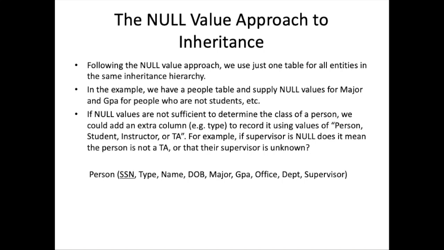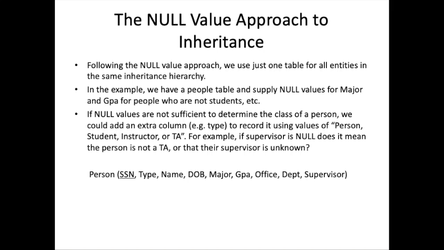Another possible way to implement inheritance is by using a null value approach. In this approach, we're going to use just one table for all of the entities in the same inheritance hierarchy. So in the example, we're going to have just one table for all the people, regardless of whether they're students or instructors or TAs or just generic people like a librarian or janitor or whoever.